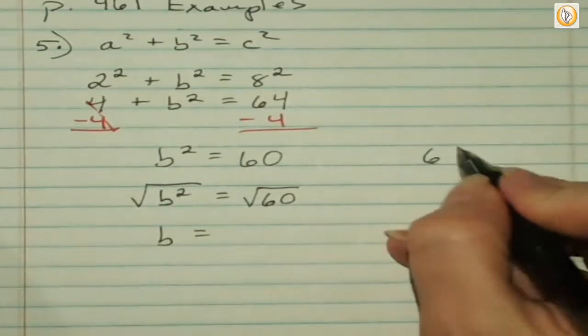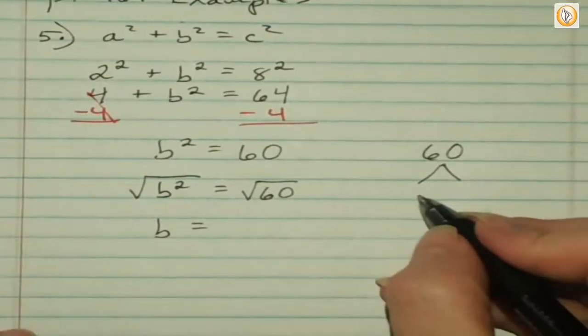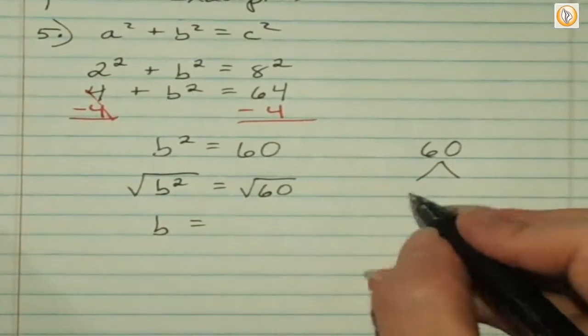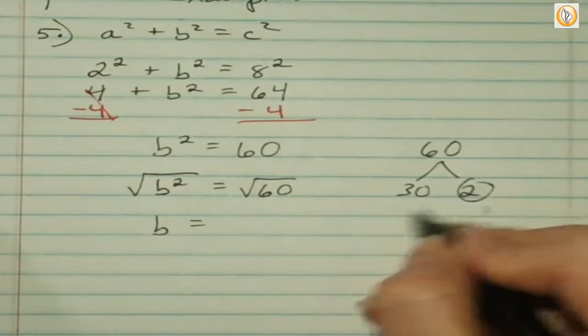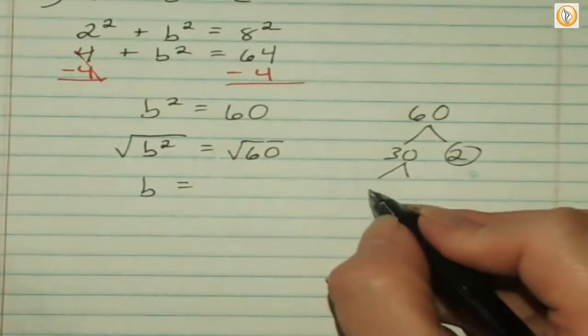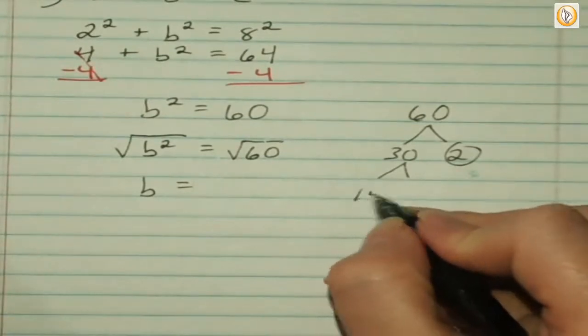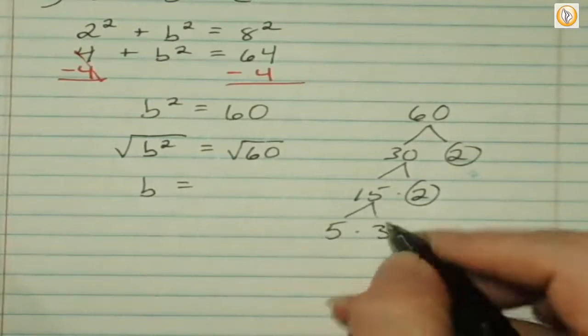That's right. So I'm going to go over here, make a factor tree. What 2 numbers give me 60? 30 times 2. And then what 2 numbers give me 30? 15 times 2. And then, of course, 5 times 3.